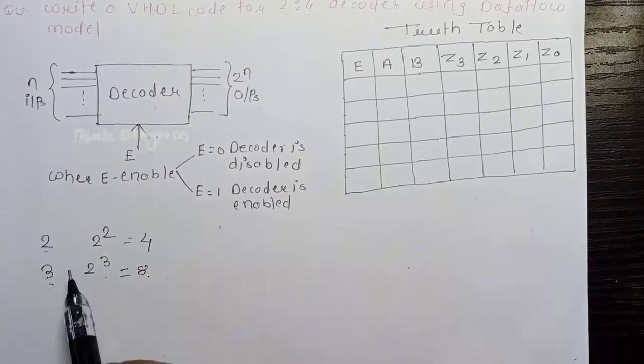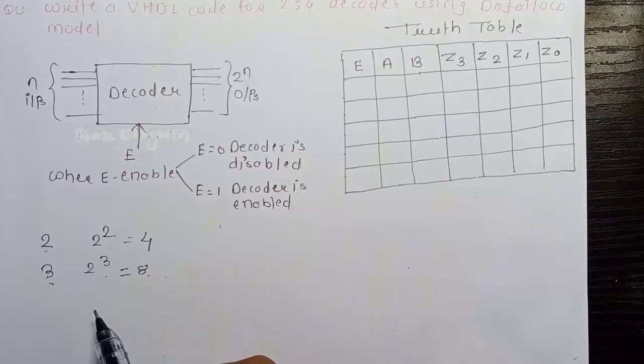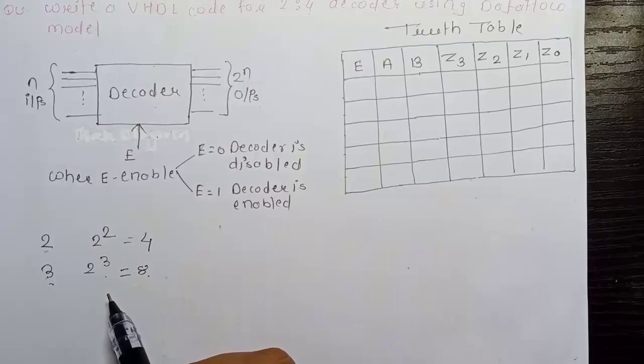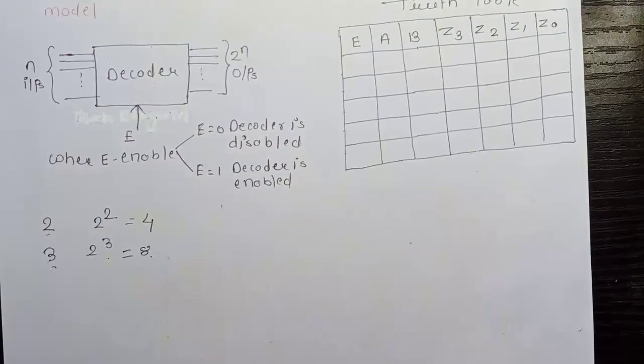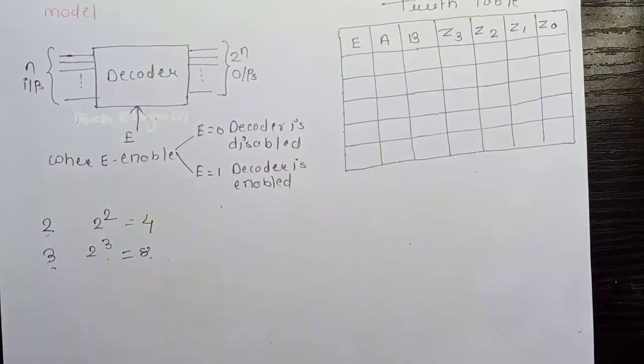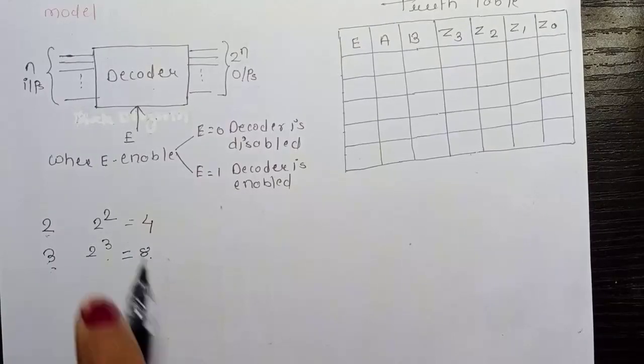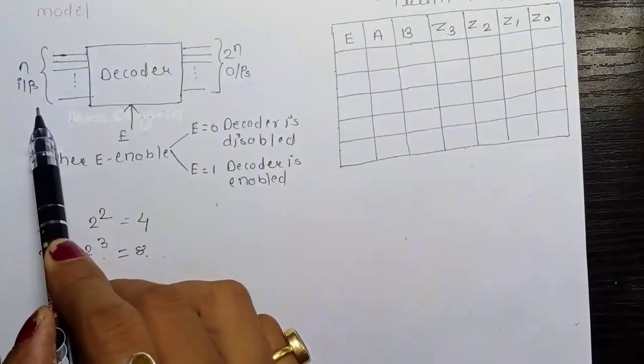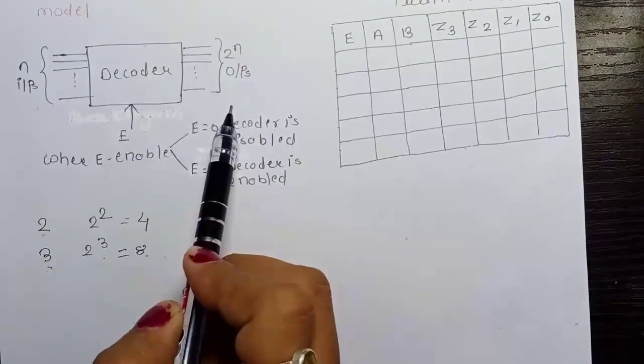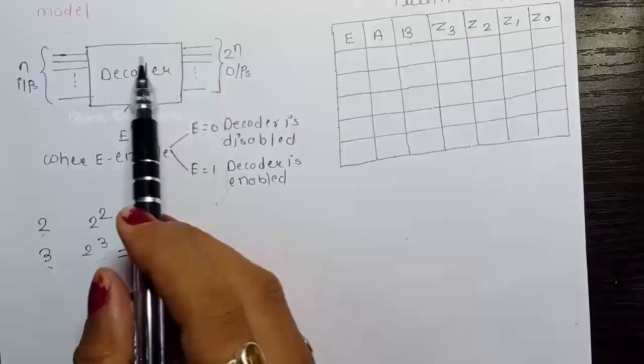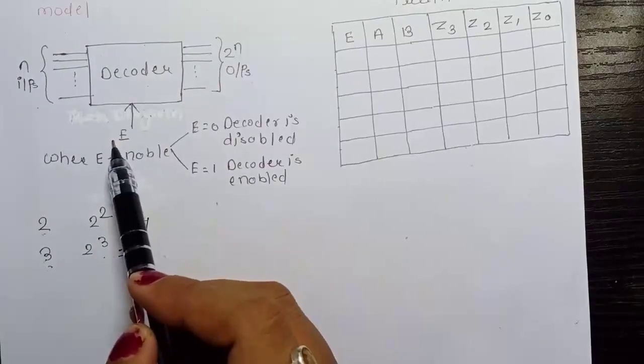Okay, so here you can observe the definition of decoder is that decoder is a multi-input and multi-output logic circuit which decodes n inputs into 2 raised to the power n possible outputs. So relationship between input and output is when input is n, we will get the output 2 raised to the power n. So this is the block diagram of a decoder.